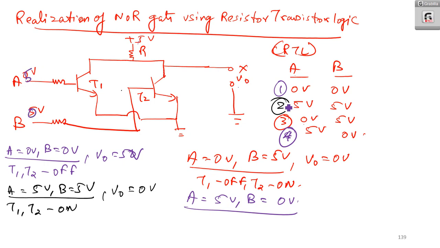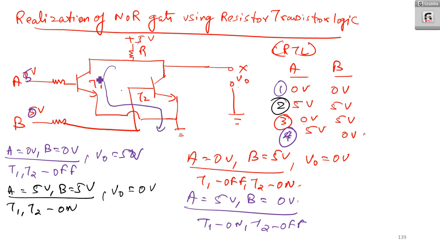In this case, transistor T1 acts as a switch, whereas transistor T2 will not get the base current. Therefore, T1 is on, but T2 is off. So the circuit will be completed via T1 to the ground.